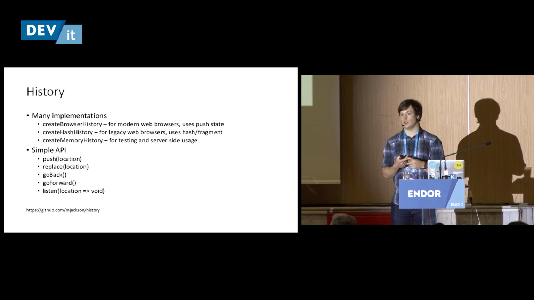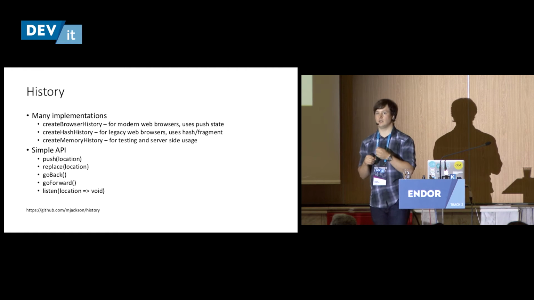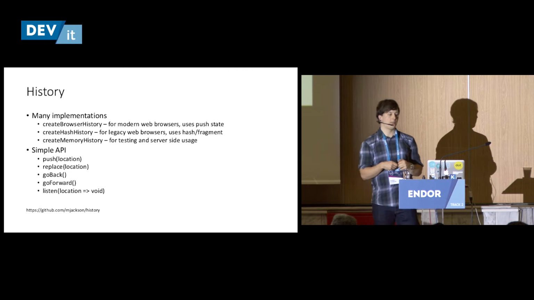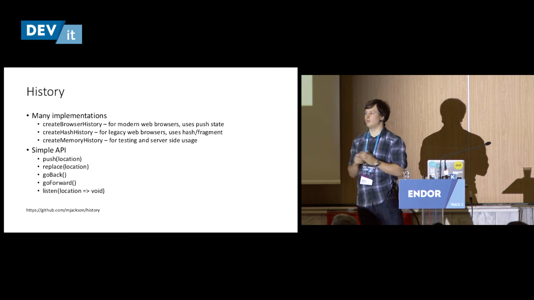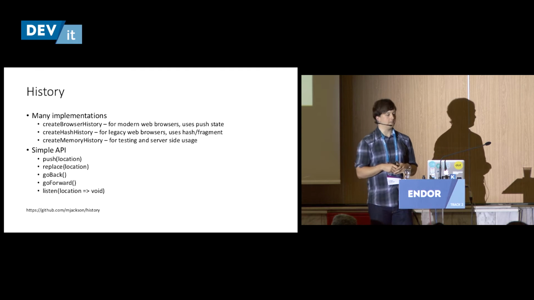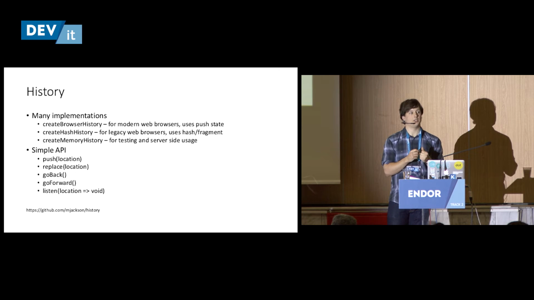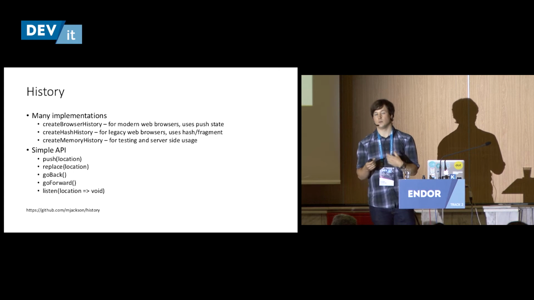The browser history uses the HTML5 pushState to push updates to the URL and update the address bar dynamically. Hash history works with legacy browser support and uses the bit after the hash, because you can change that on the client side without a refresh. And then memory history just stores a location in memory. It provides the same API, but without the address bar, which means you could use it on the server side.